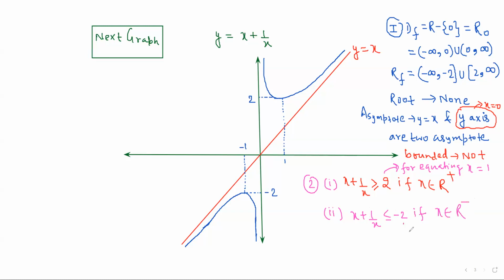Means what? For equality, x is equal to minus 1. What is the answer here? x is equal to minus 1.